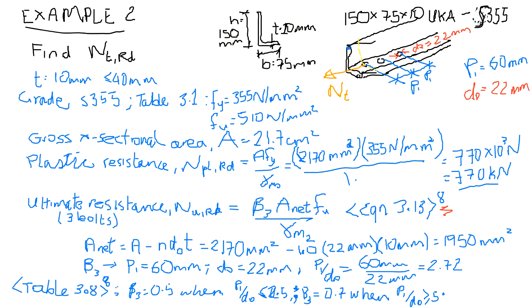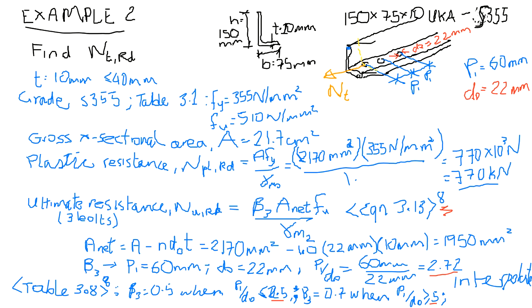Okay, so we're going to interpolate, because we're at 2.72, so we're greater than 2.5 and less than 5, in between those two. So we're going to have to interpolate between those two.